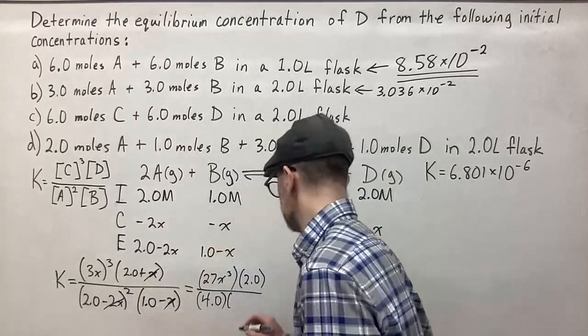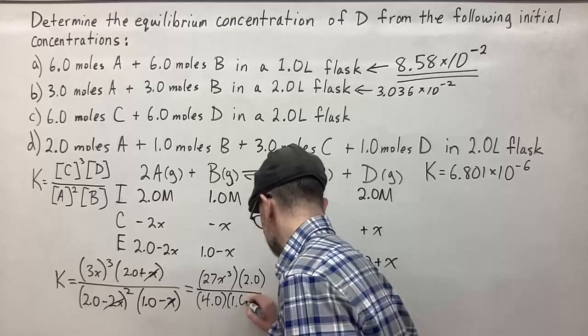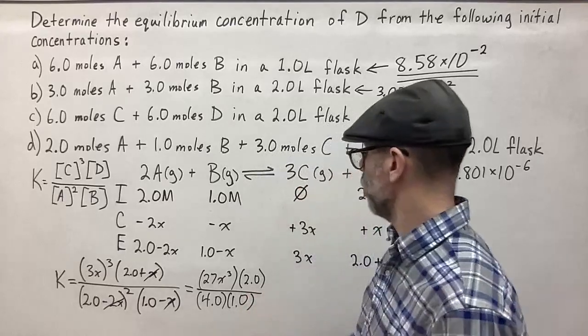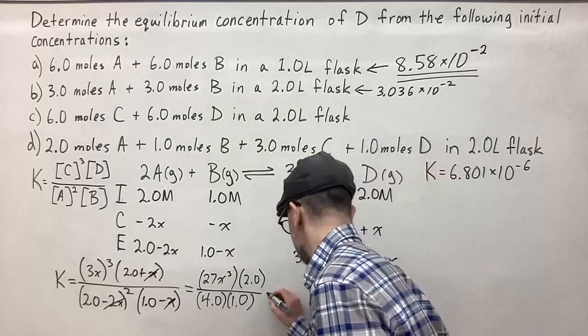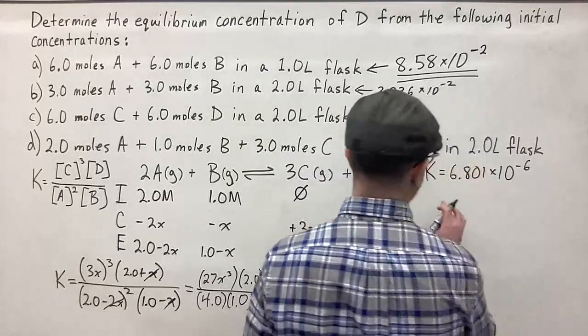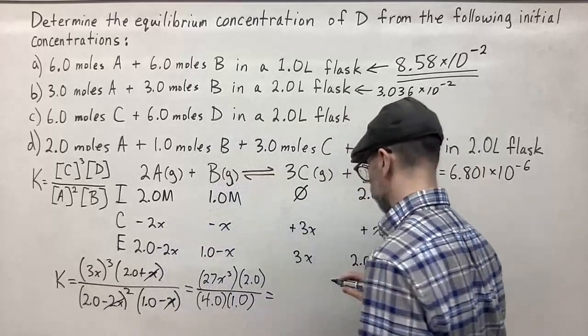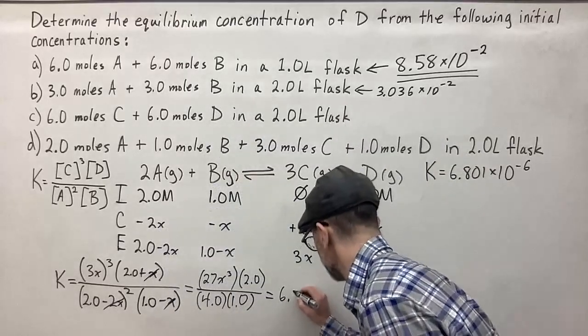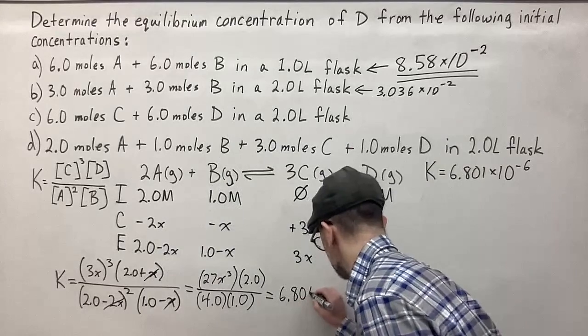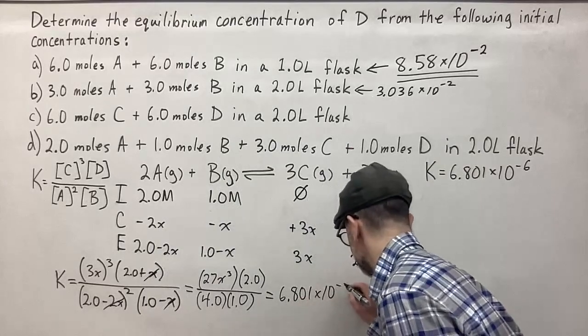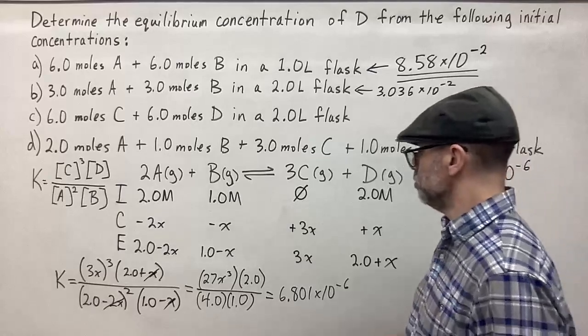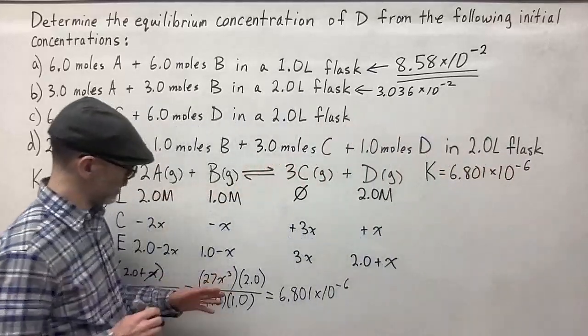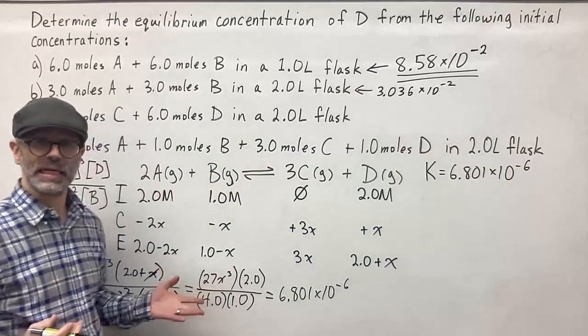And then this is going to be 1. So now all we have to do, remember, this is equal to the K value, 6.801 times 10 to the negative 6. So now all I need to do is solve for x pretty easily.